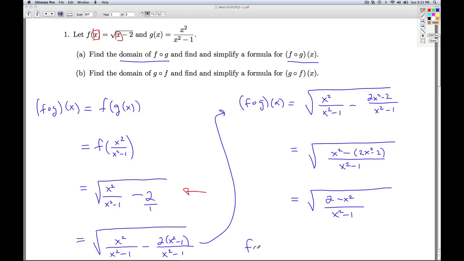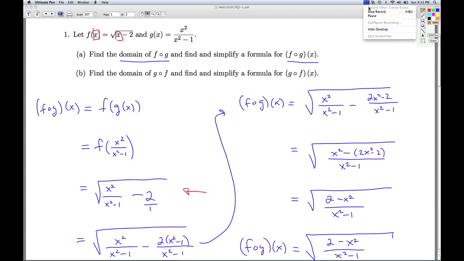And so that's our final answer, because there's no more simplification I can do on that. The formula for f of g of x is the square root of 2 minus x squared divided by x squared minus 1. So that's finding the formula. We're going to come back to this step to find the domain.